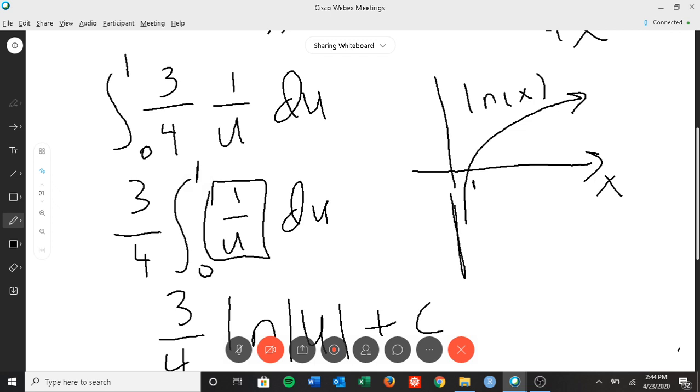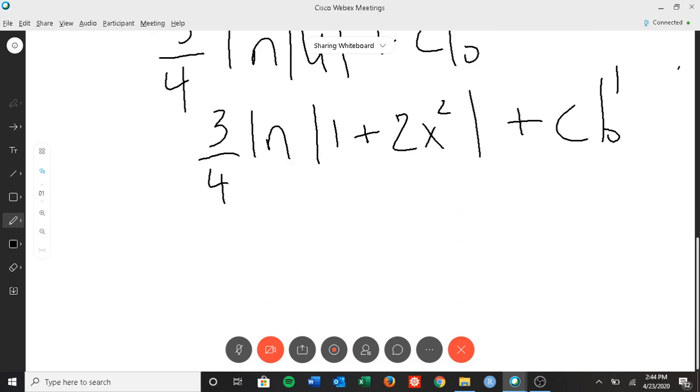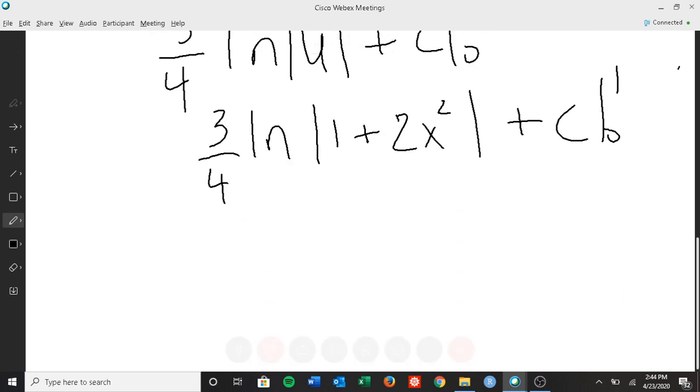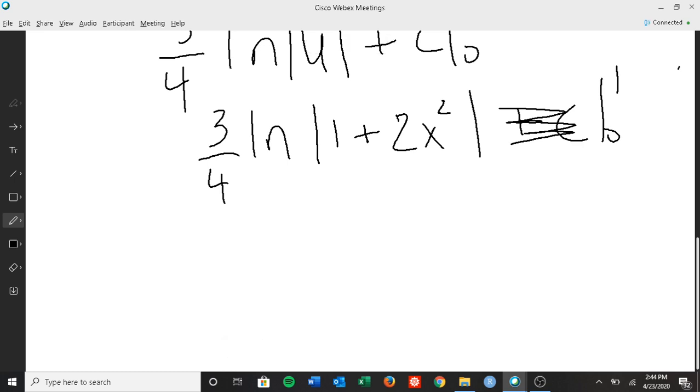So the only difference between this one and the last one is now we're going to plug in 1 and 0. So we notice that if you do this method, the c's are not going to matter because they're going to cancel out.